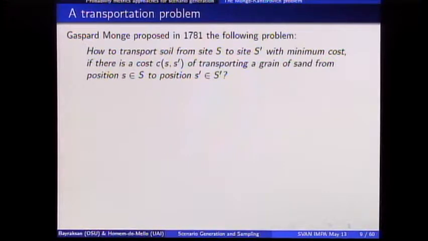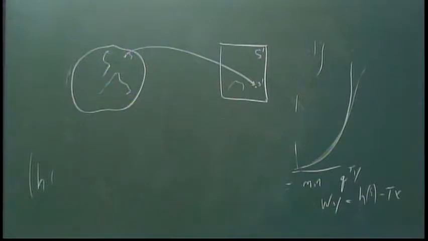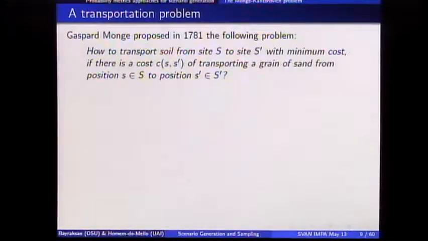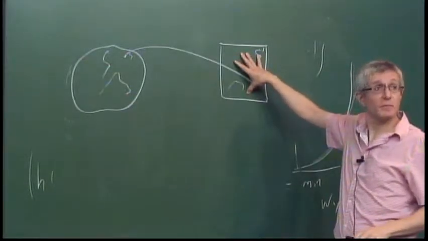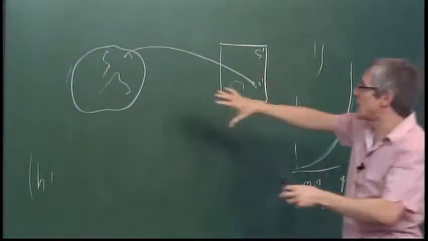So if I know the cost for every grain here and every position here, I know the cost of moving from one position to another, it's natural to think, okay, what's the cheapest way of moving the sand to get everything that I had here into the square? Of course, those things have to have the same volume.